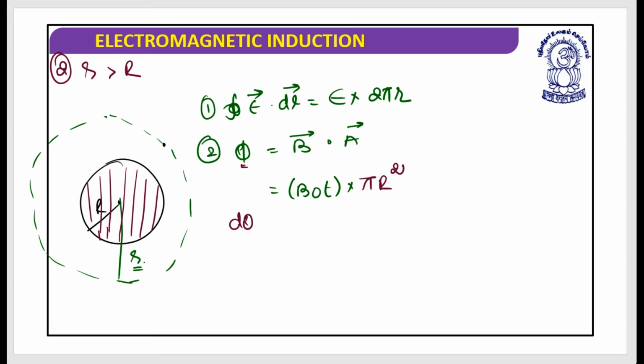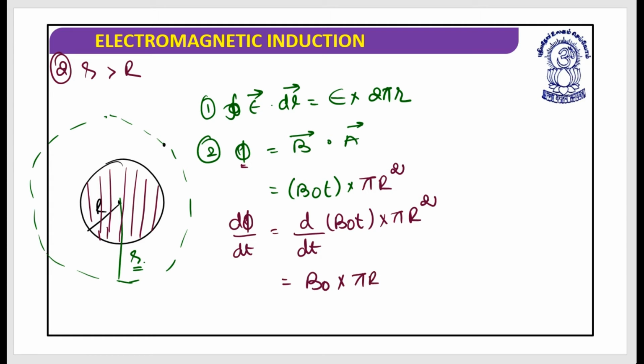So this dφ/dt could be written as d/dt of B₀t into πr², and that's why this could be written as B₀ into πr². This is the second task. Now let's equate this. If I equate this, it will be E into 2πr, which is equal to B₀ into πr².